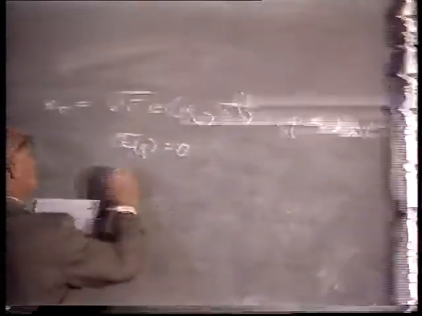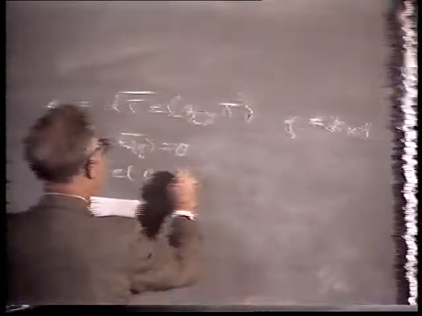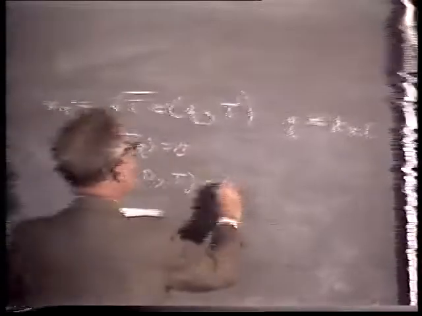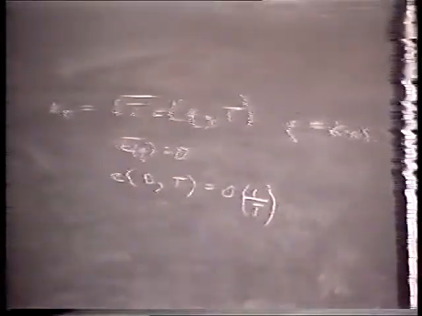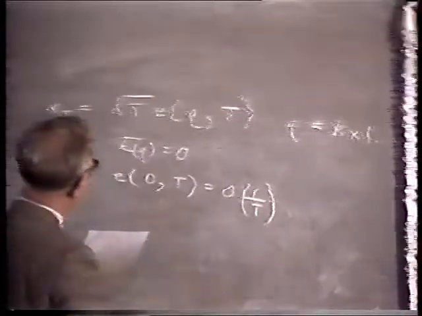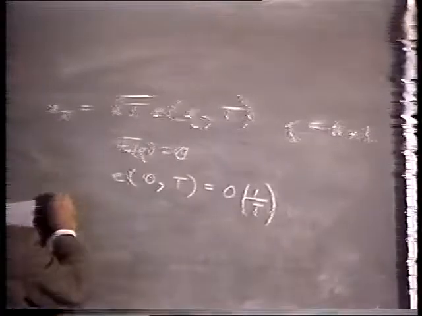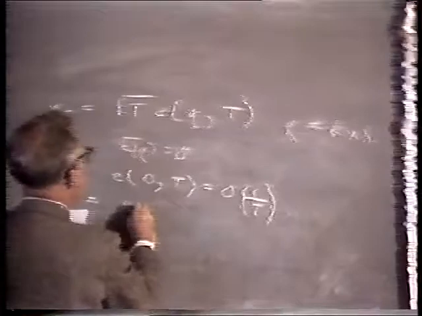Then what we also require is that this is order 1 upon t, so that when we take our Taylor series expansion, we find that we've got X_t equals E naught upon t.